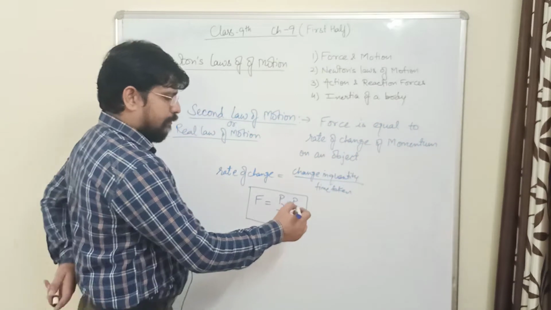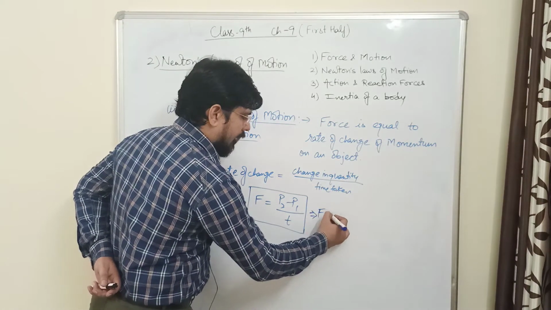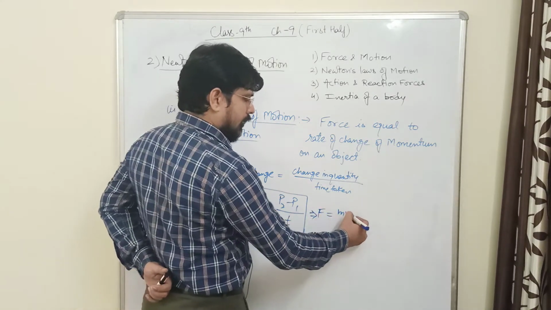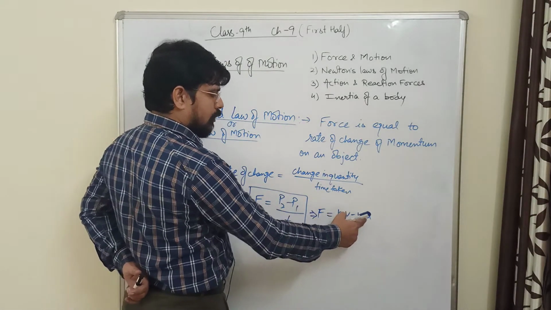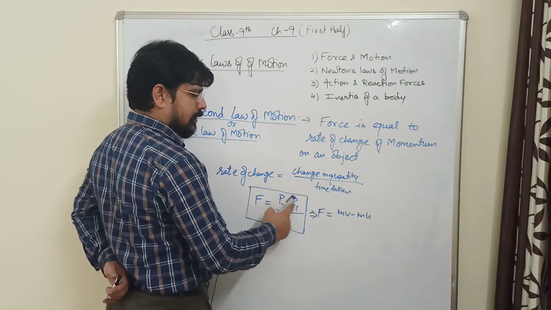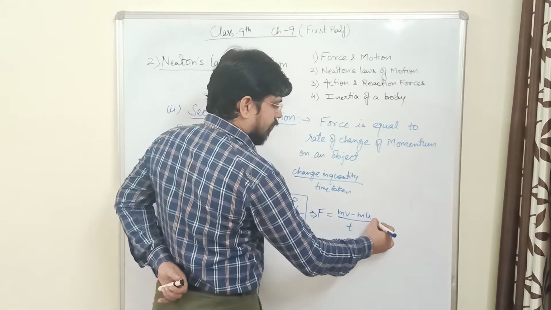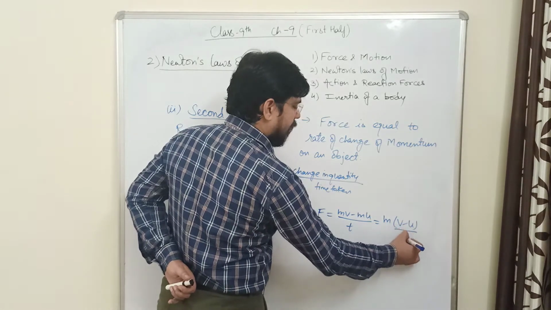We can also put the value of momentum as mv, where v is the final velocity, minus mu, where u is the initial velocity. So mv is the final momentum and mu is the initial momentum, divided by time. Taking m common, I have v minus u divided by t.